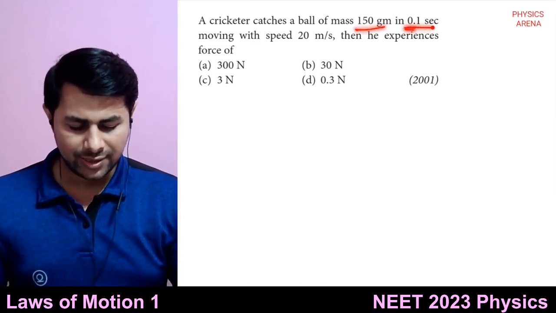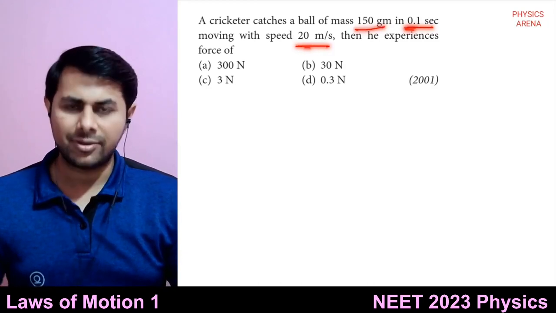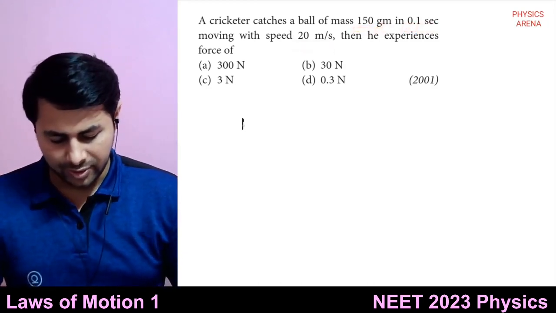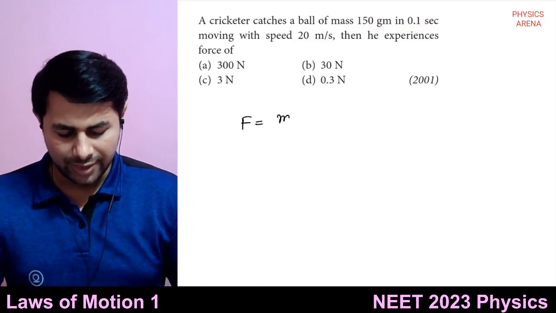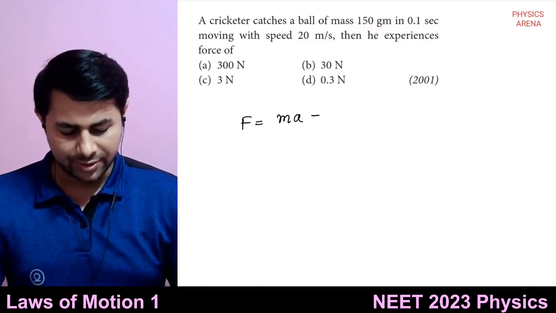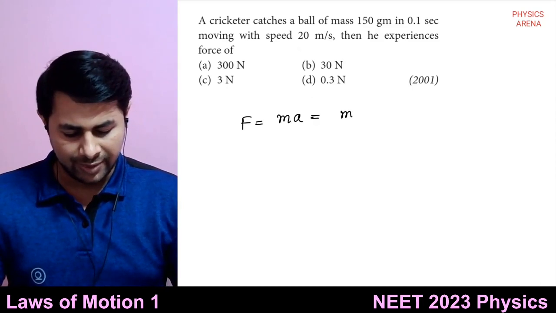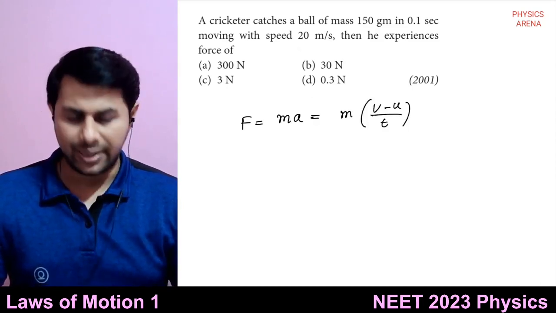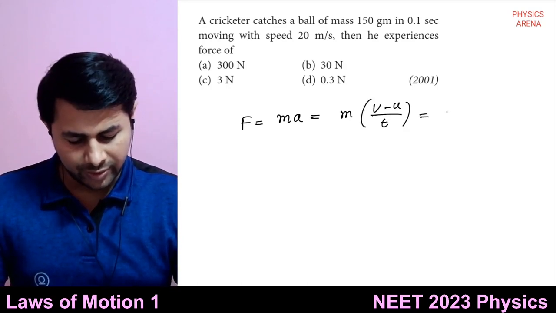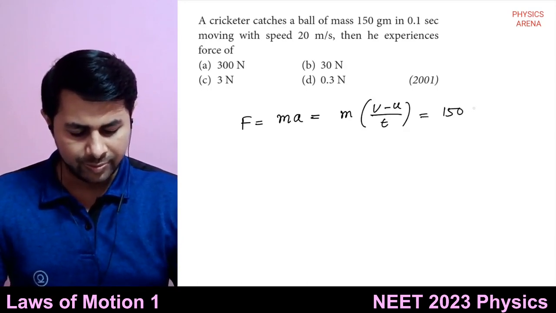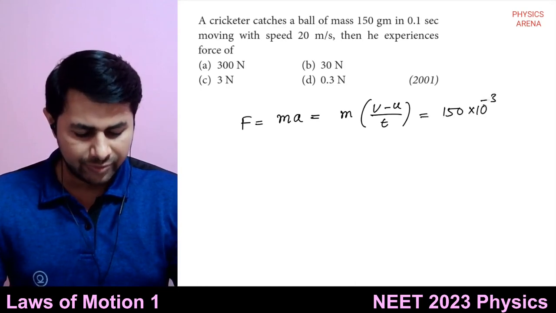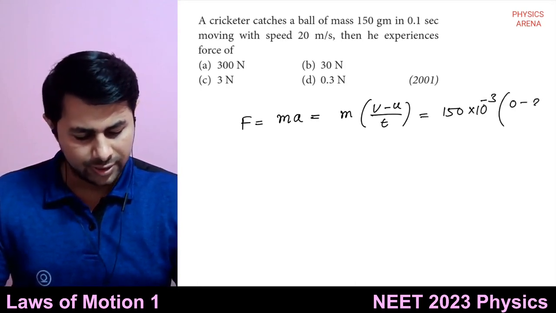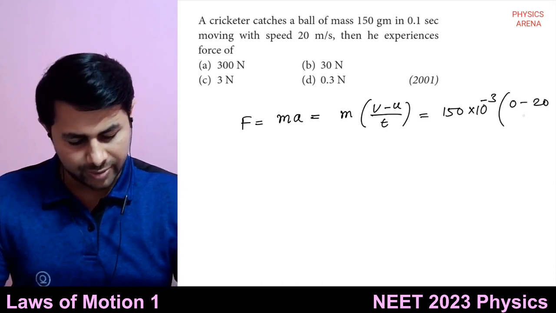F is equal to mass multiplied by acceleration, so it is m multiplied by final velocity minus initial velocity divided by time. So 150 multiplied with 10 raised to minus 3, v is 0 minus u is 20, divided by time is 0.1.